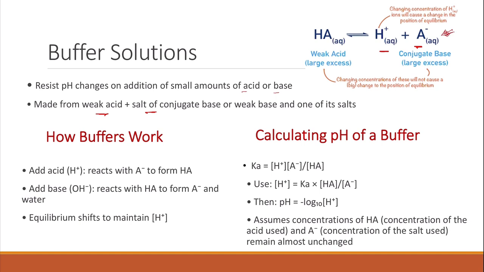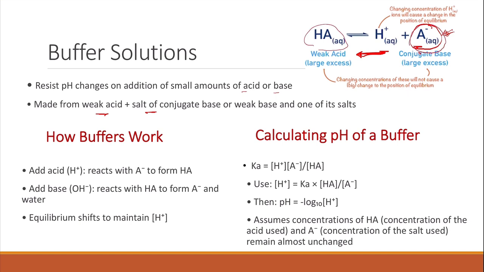So when you add some acid to the buffer, the reaction will be shifted to the left-hand side to compensate for the excess acid, or the acid that is added will react with the anion. The anion is in excess because you added the salt along with the acid. So we have the acid in excess, and we have the anion in excess.